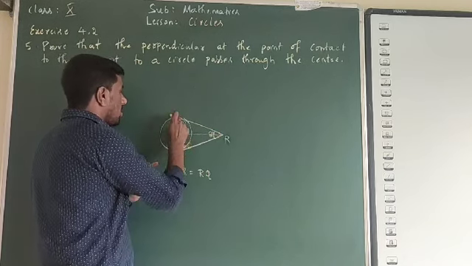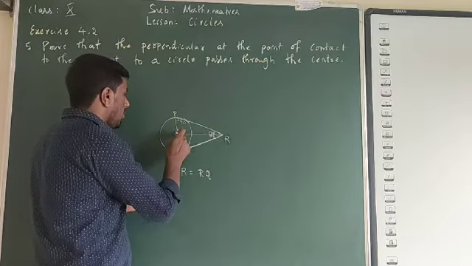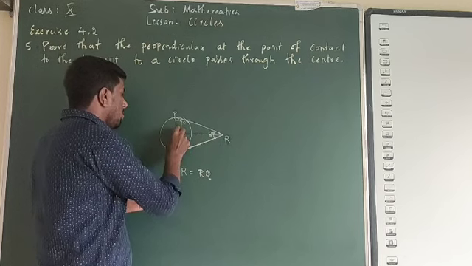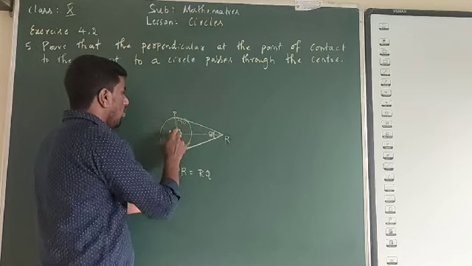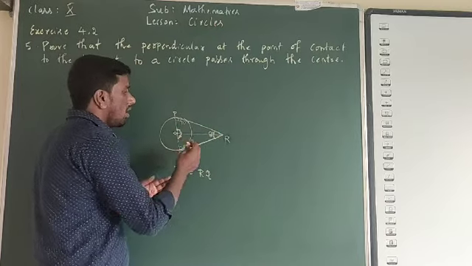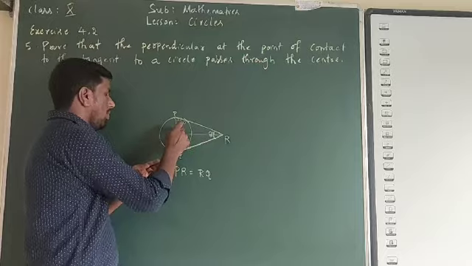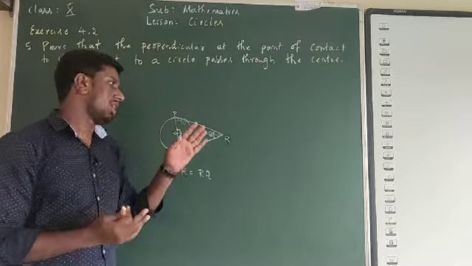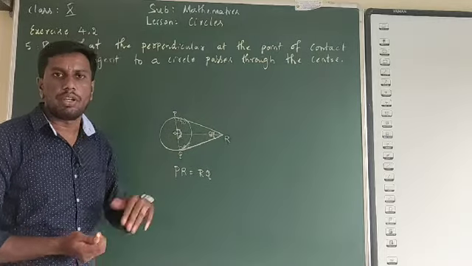Then we consider this as a quadrilateral, so we find the complete angle. Then we use the concept of congruency: we need to prove that triangles OPR and OQR are congruent, then prove that these two angles are equal. Half of the total angle will become angle POR.